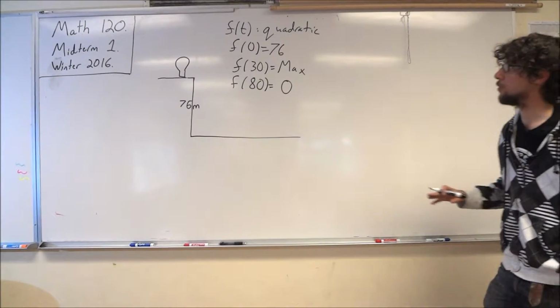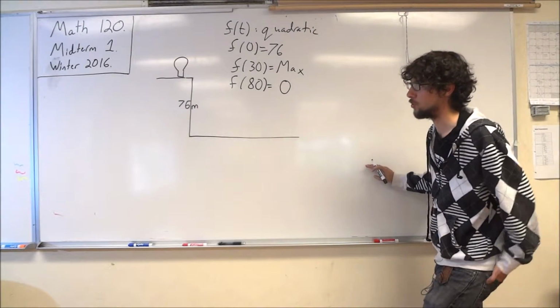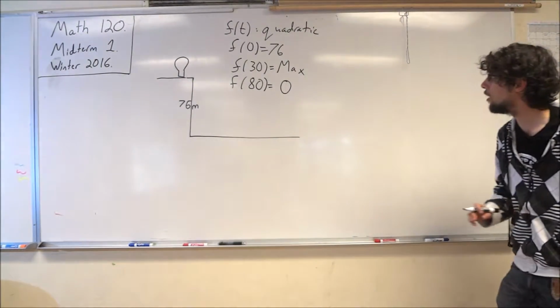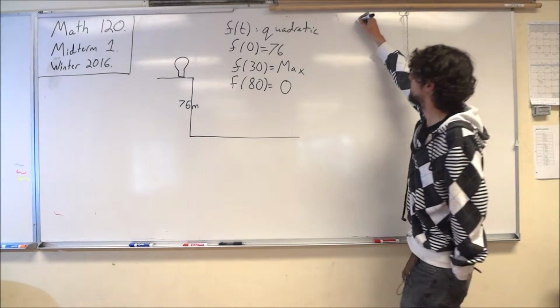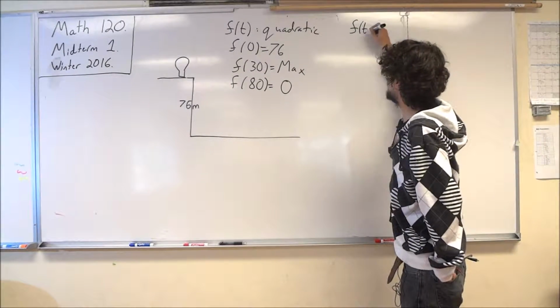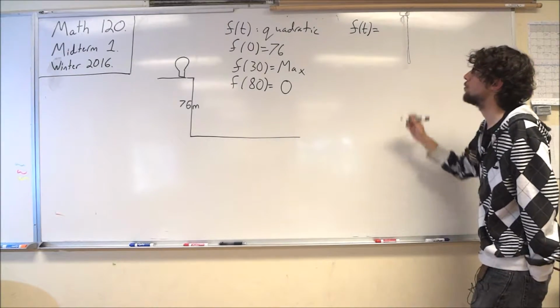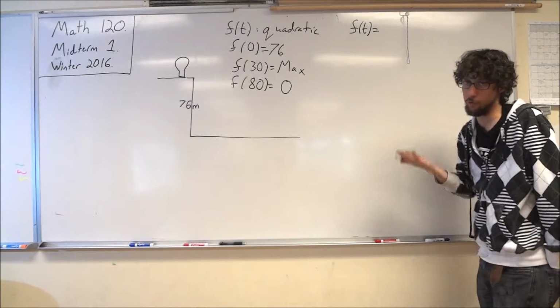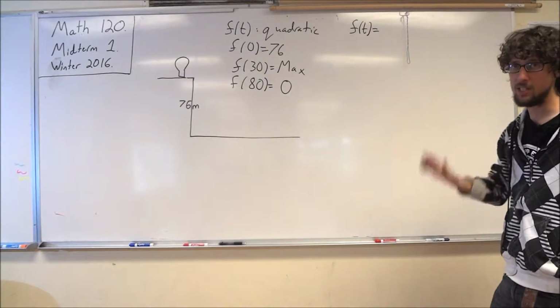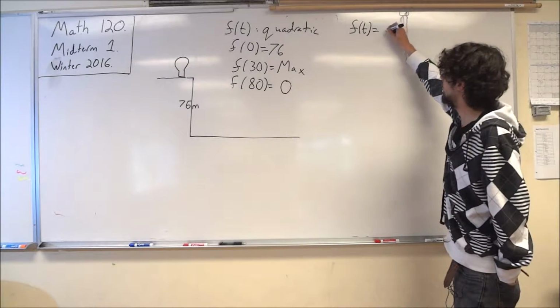What do we know about modeling quadratics, modeling parabolas? First, what sort of models do our equations take? They take one of two forms in general. Well, they take as many forms as we want them to. But there's two really standard forms for quadratics. One of them looks like this.